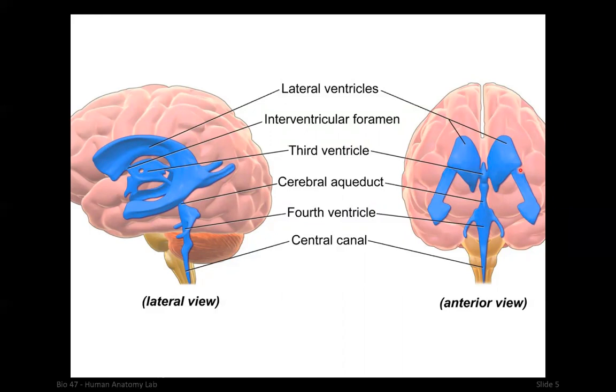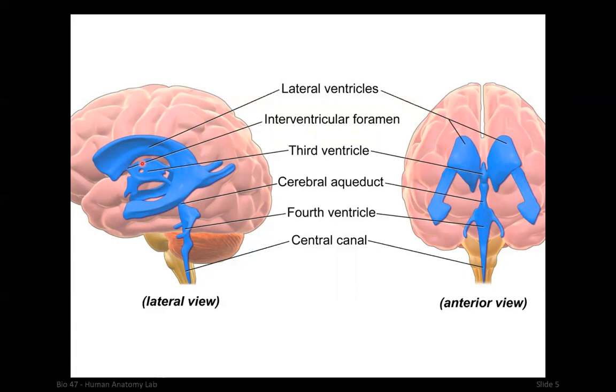And cerebrospinal fluid, the fluid that fills and surrounds the brain and the spinal cord, is produced in those lateral ventricles. And it travels through the interventricular foramen, an open space in the brain, into the 3rd ventricle. There's just 1 3rd ventricle. And that's in the diencephalon.